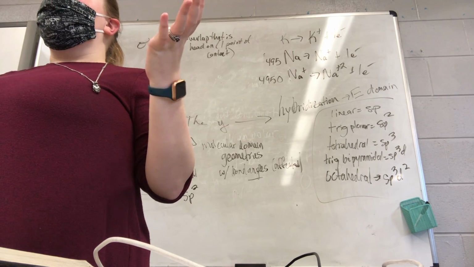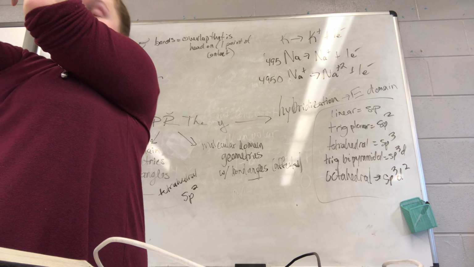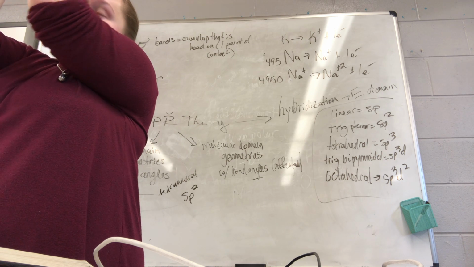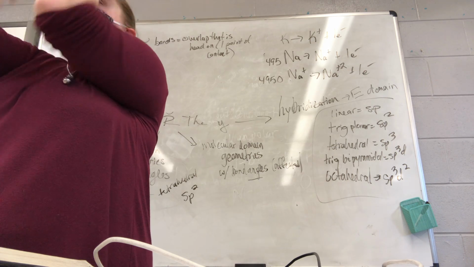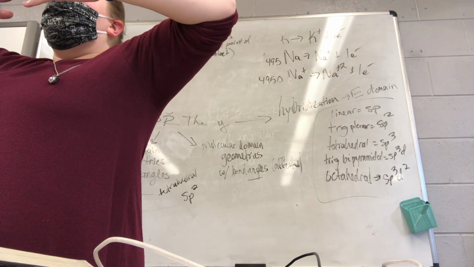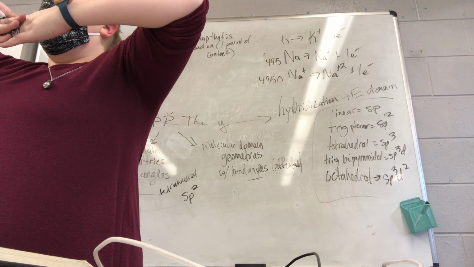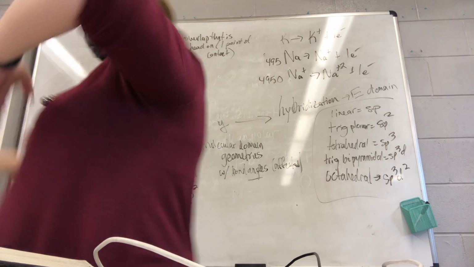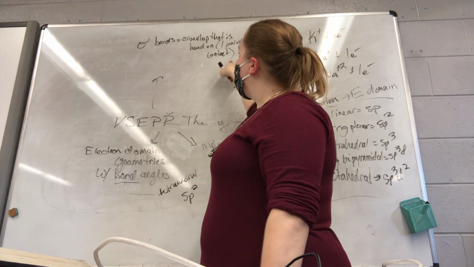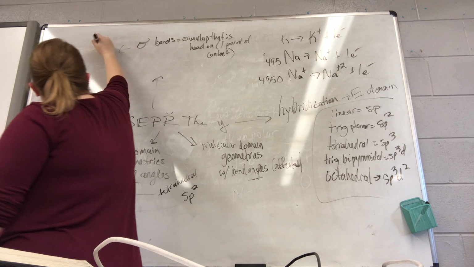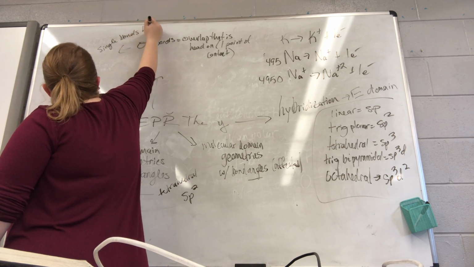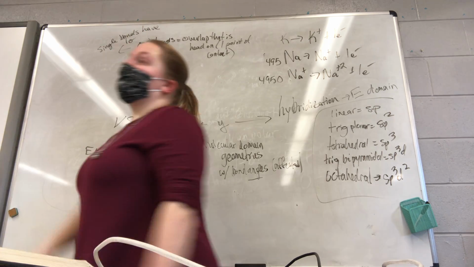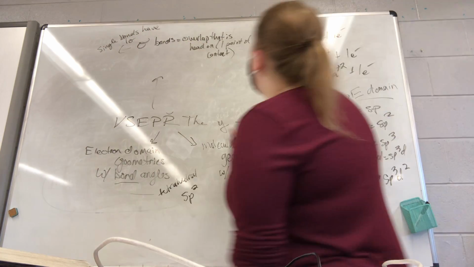Whereas p orbitals can overlap in 2 points if you put them next to each other and they line up like this. But the ways the p orbitals can overlap is like this, with the lobe up here and lobe down here. 2 points of contact, you can also overlap them in a sigma way. And so this led us to MO theory. But for now, sigma bonds, overlap that is head-on. Single bonds: 1 sigma. Okay? Pi bonds.